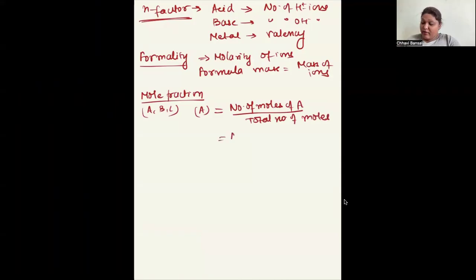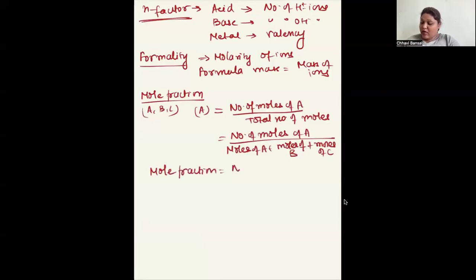Or I can write number of moles of A divided by moles of A plus moles of B plus moles of C, which gives me the total number of moles. So mole fraction is equal to number of moles of one component divided by total number of moles.